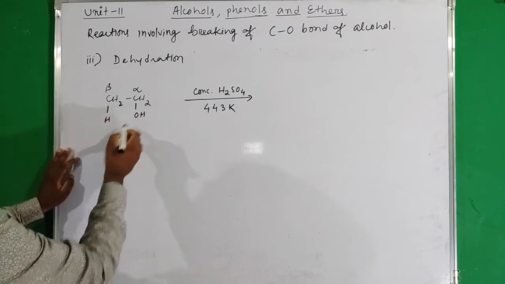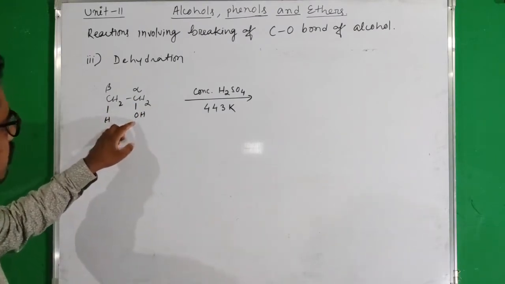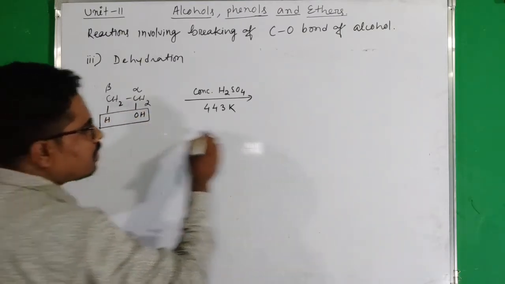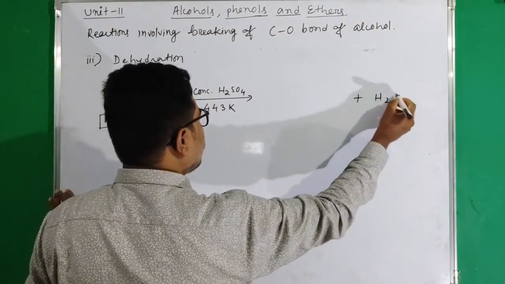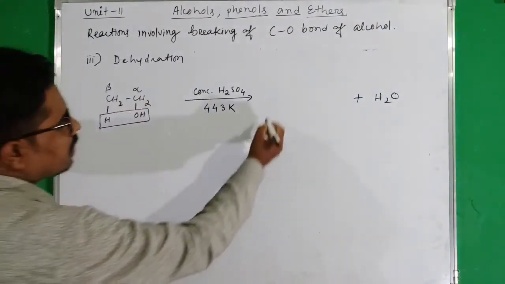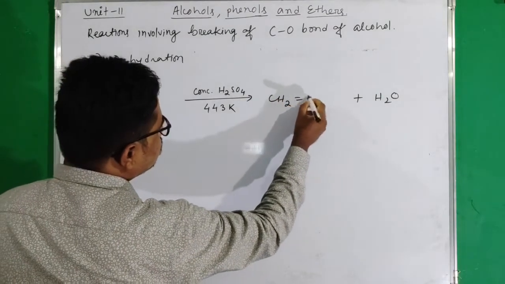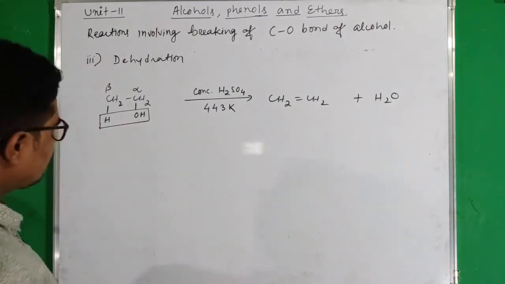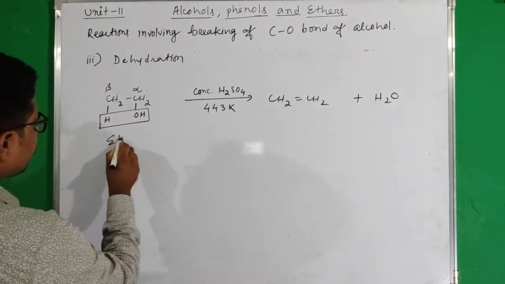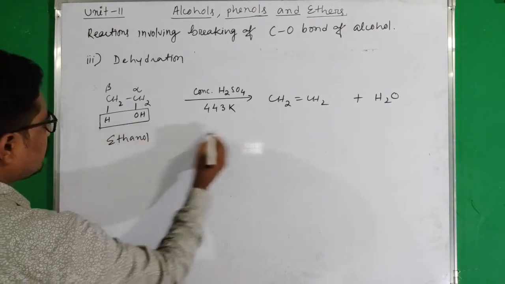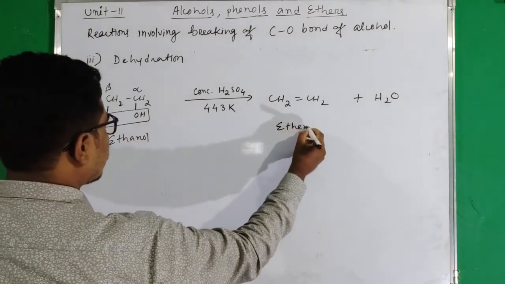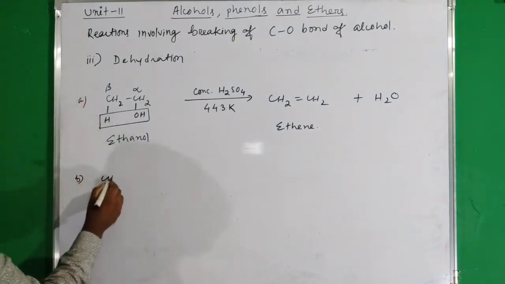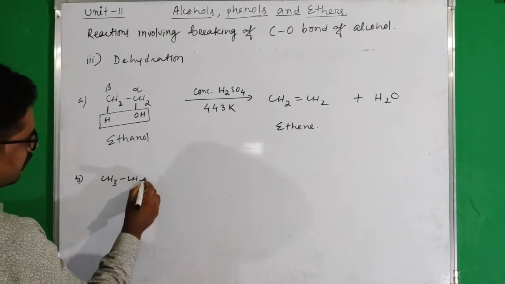That means the OH will be lost from the alpha position and the hydrogen from the beta position, and they combine to form water, and the main product is CH2=CH2, that means an alkene. So we are converting ethanol into ethene.